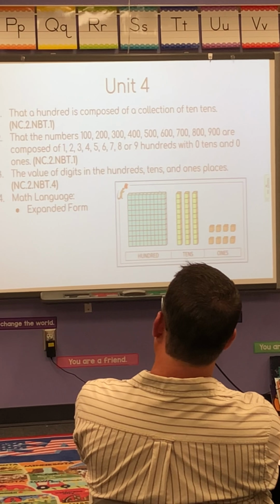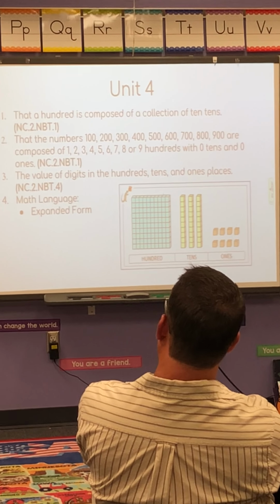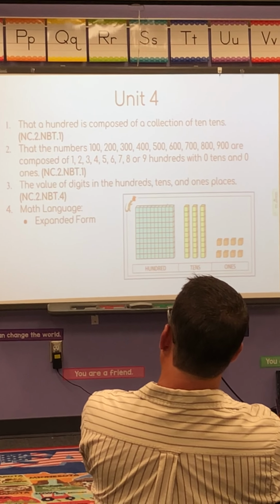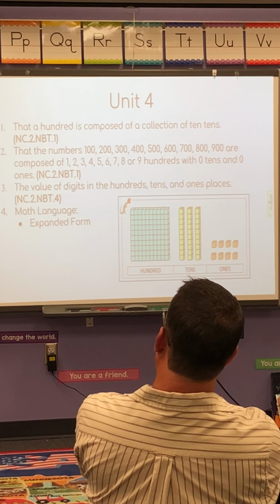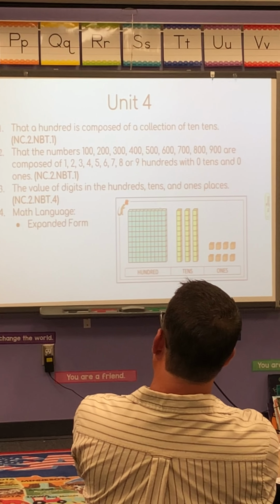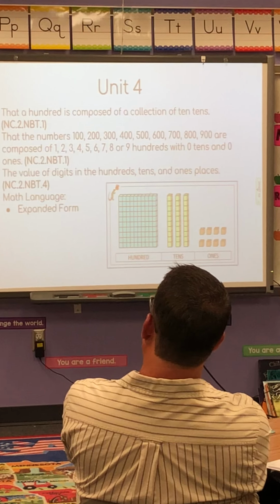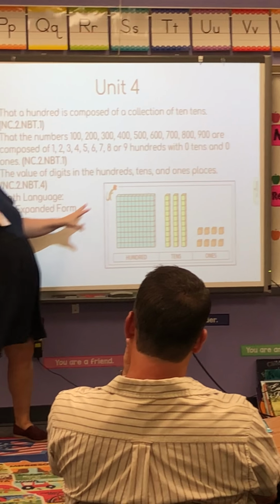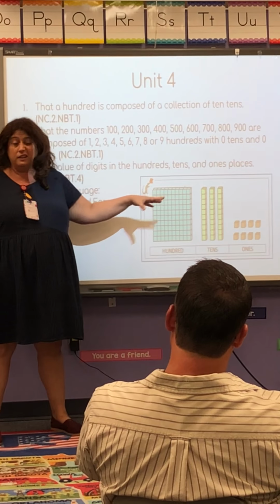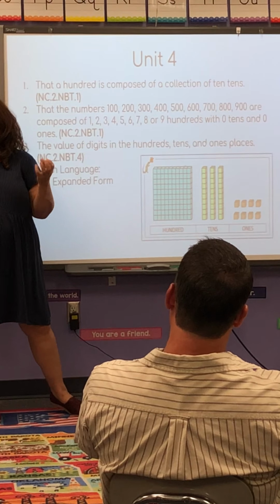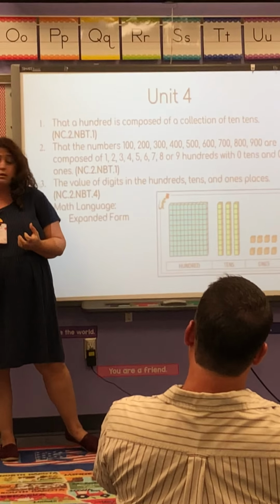Then we'll move into Unit 4, which is really the meat and potatoes of second grade math. This is where we really dig more into place value. We've touched on place value a little bit, but I put this up because we use a lot of these manipulatives, and I think it's important for you all to see what the visual looks like.